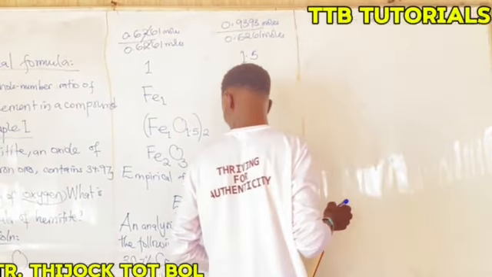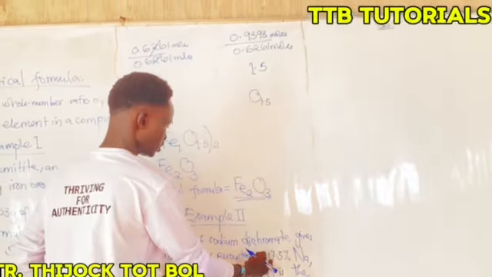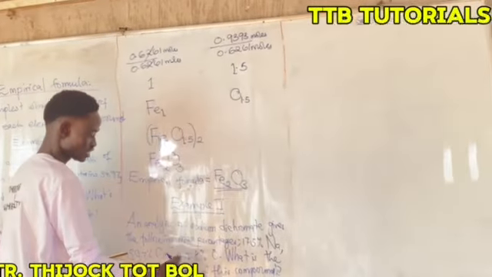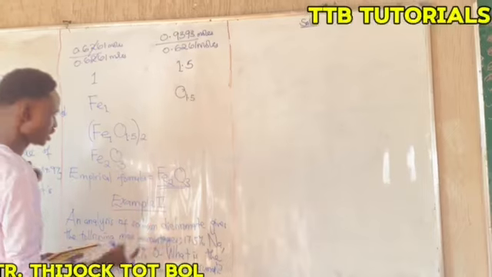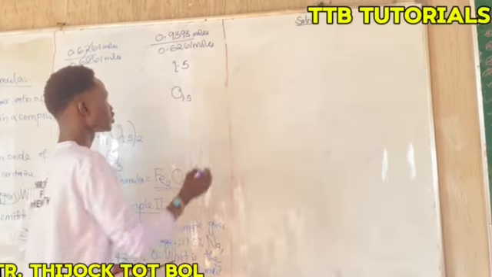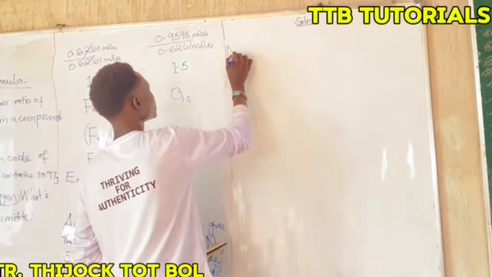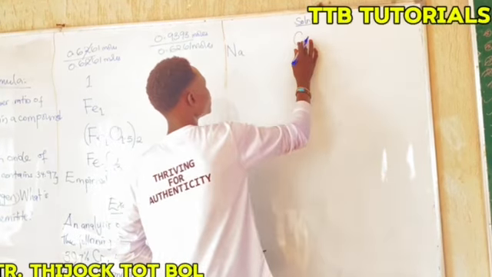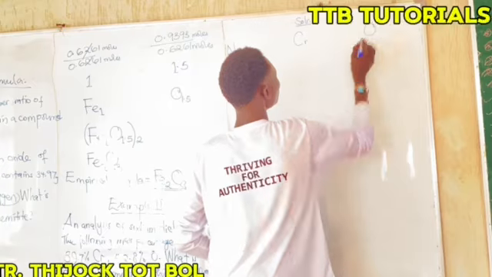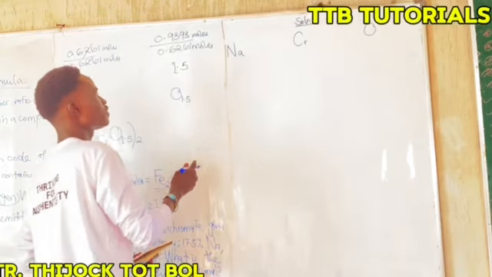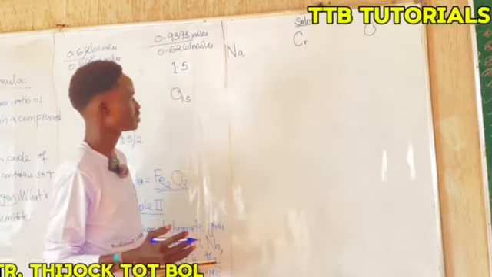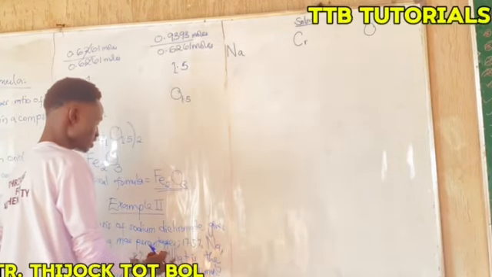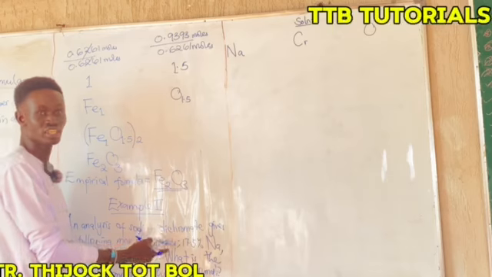So now here we have sodium, we have chromium, then also we have oxygen. Since there are 3 elements, sodium, chromium, and oxygen, you first write the elements separately. So after writing these elements like this, then you write the percentage composition of each element.